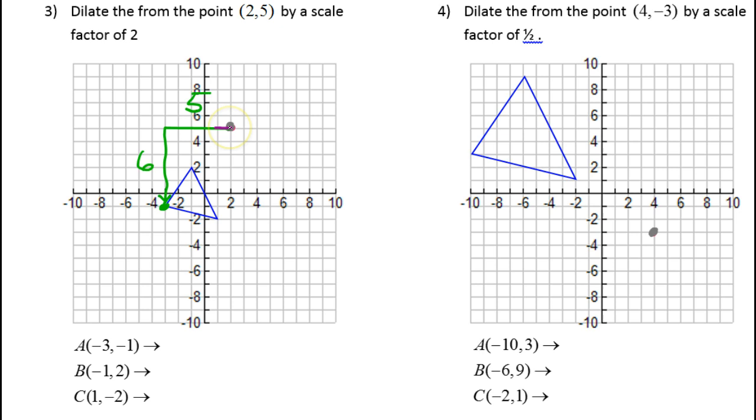Alright, so here I go. So there's 5. And there's 10. Okay, now I need to go 12. Alright, so there's 6 so far. So I need to go another 6.